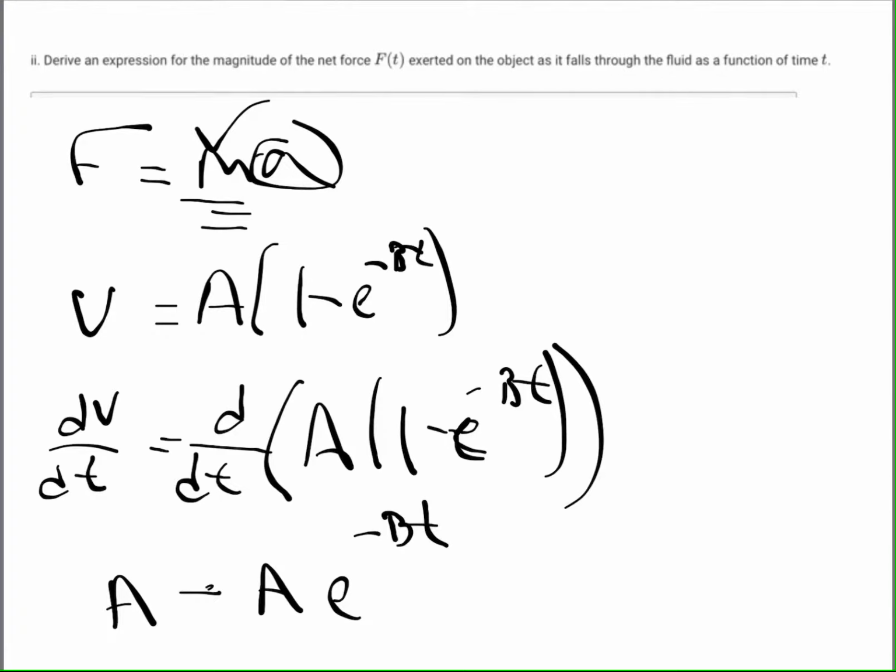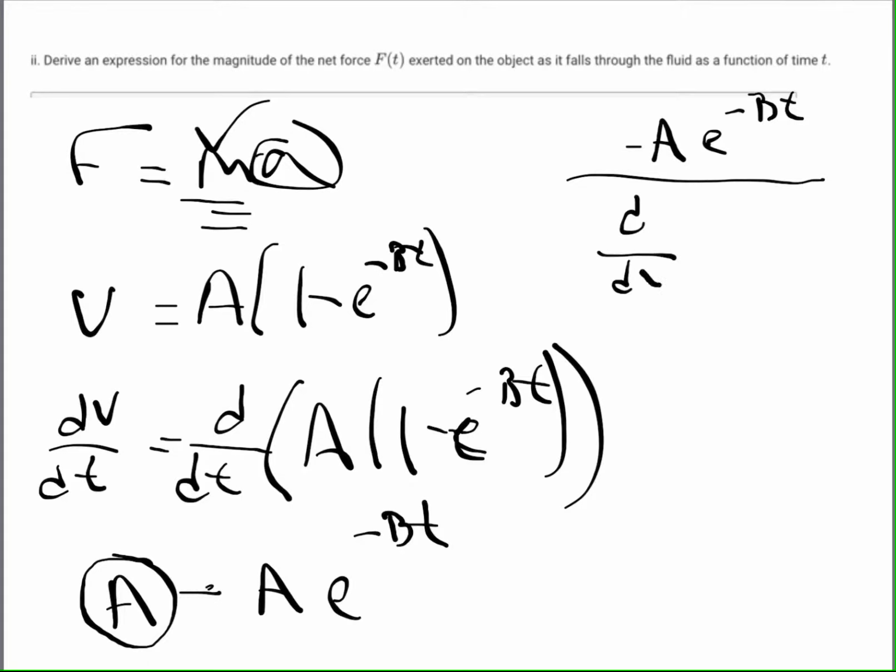Okay. Once I have this, and I want to do the derivative of this, well, the derivative of a is just going to go away, right? So now I'm left with negative a e to the negative bt. Now, on your reference table, again coming to the rescue, they tell you that the derivative with respect to x of e to the ax is just a e to the ax.